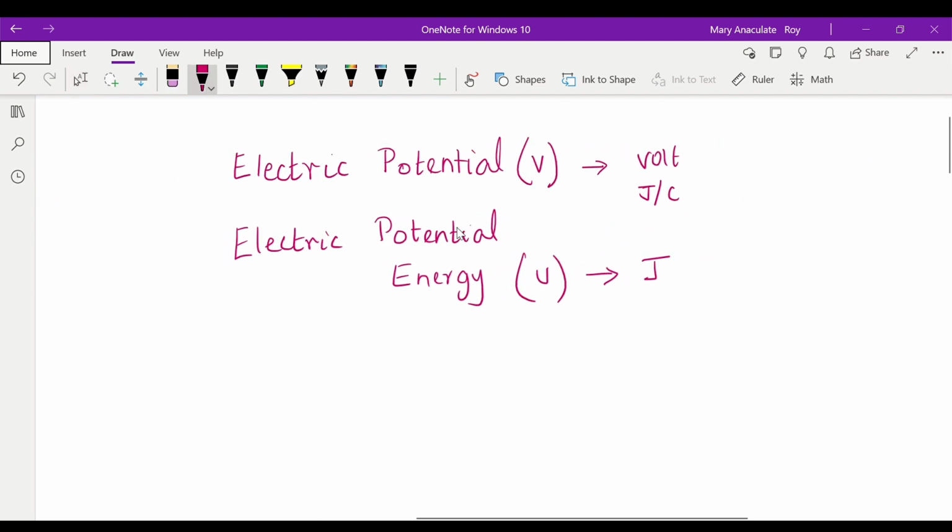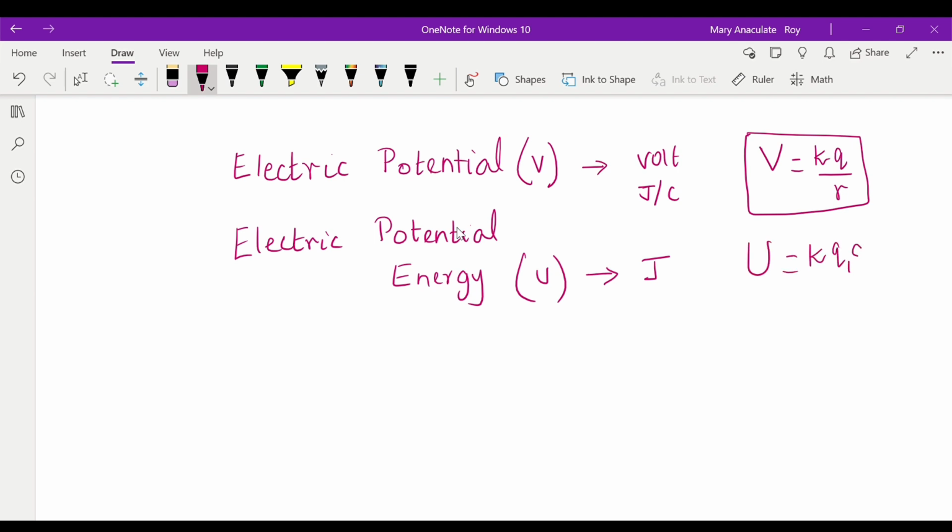For V it is KQ over R. And for potential energy U, it is K Q1 Q2 over R. We'll be using these formulas here.